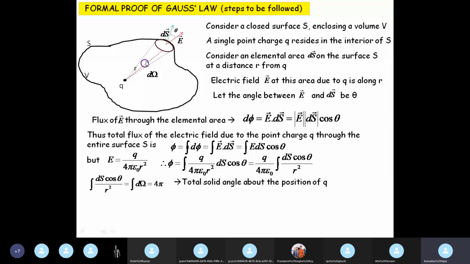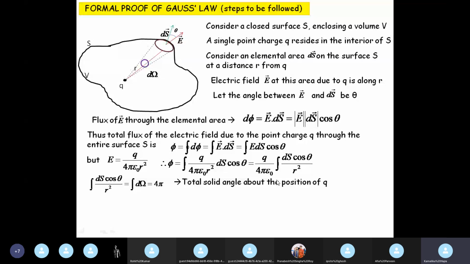So what will be the total value of the solid angle? It will be 360 degree, that is 4 pi. So integration d omega for the entire volume is always equal to 4 pi, the total solid angle about the position of q. So here in place of integration ds cos theta by r square, we can write 4 pi, because the value of this integration is 4 pi.